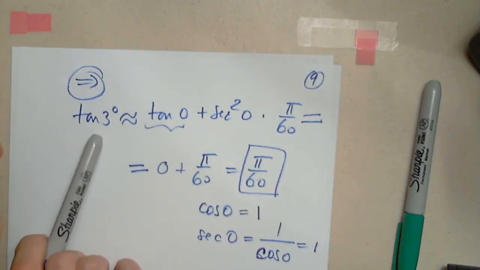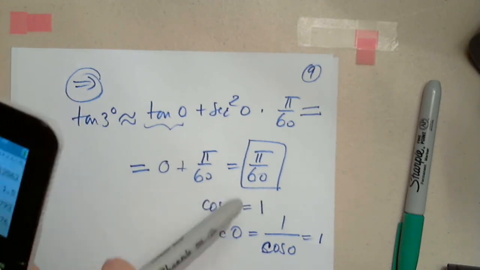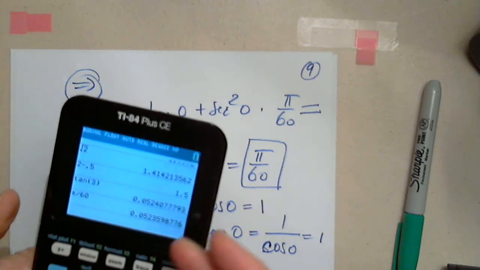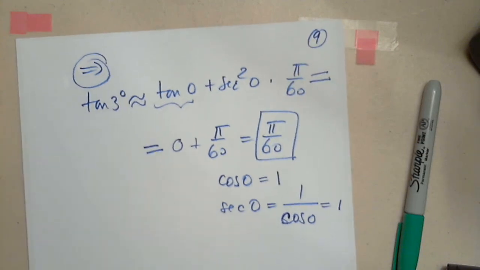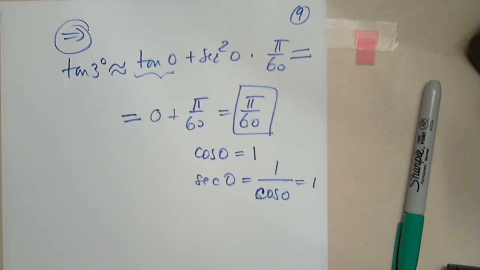So you're saying that tangent 3 degrees is approximately pi over 60. But I have to check, make sure that I didn't make an error somewhere. Very good. Next question.